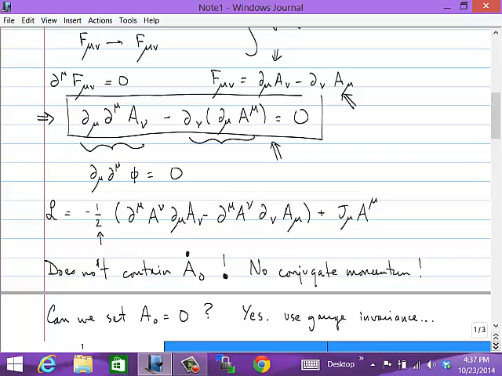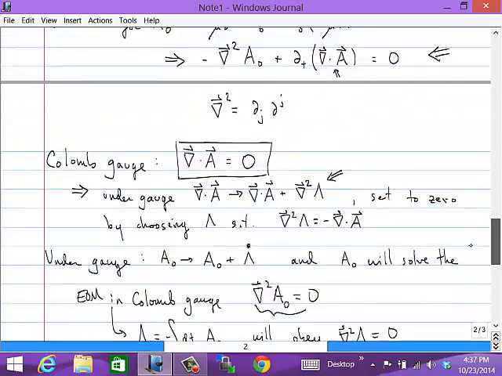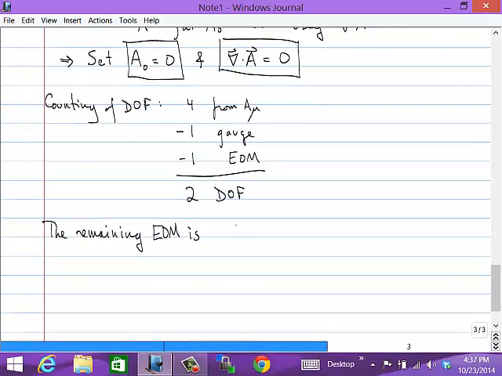We can now set nu equals to i, and this guy here is just d by dt of A0, which is 0, plus del dot A, which is 0. So the remaining equation of motion is just d mu d mu of A is equal to 0. And this is just like a massless scalar.